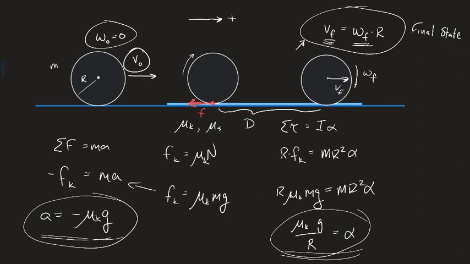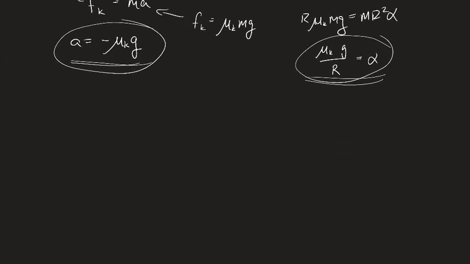So if I can figure how long it takes for the wheel to slow its linear velocity and how long it takes for the wheel to increase its angular velocity, they have to reach that point where they're related at the same time.